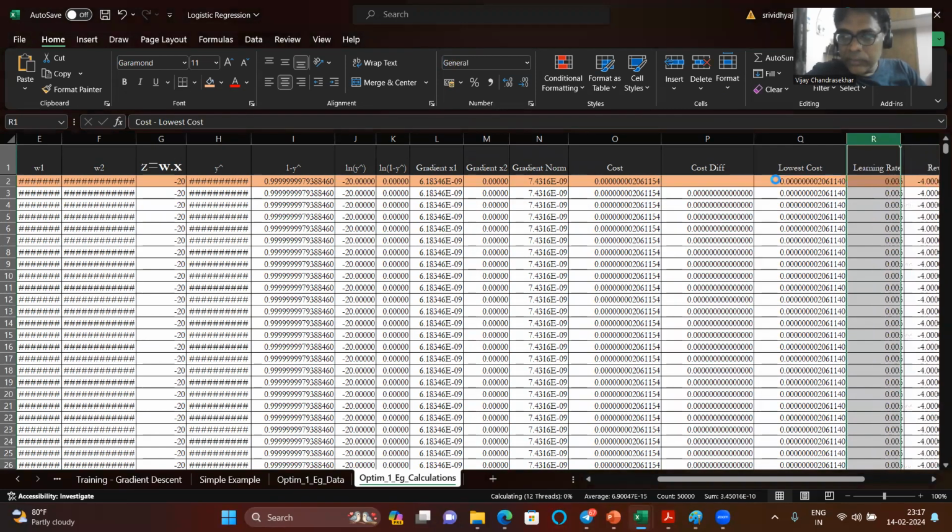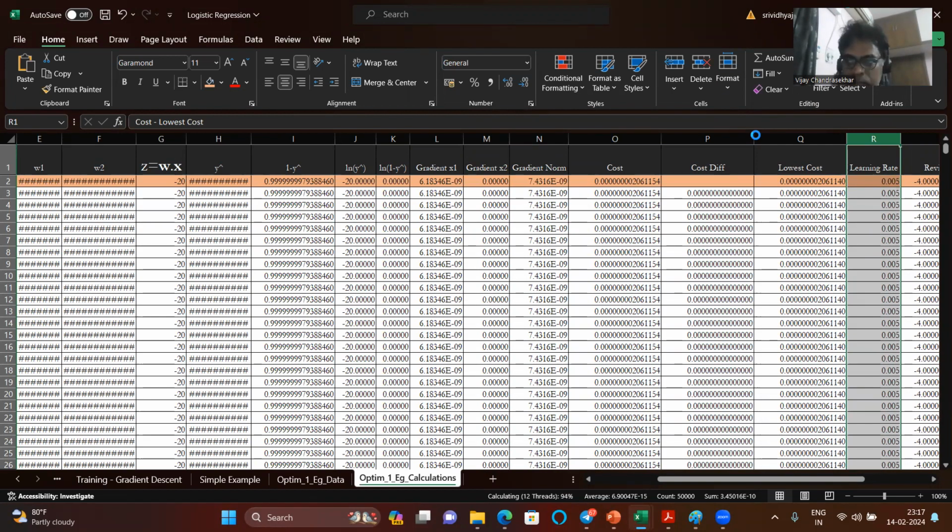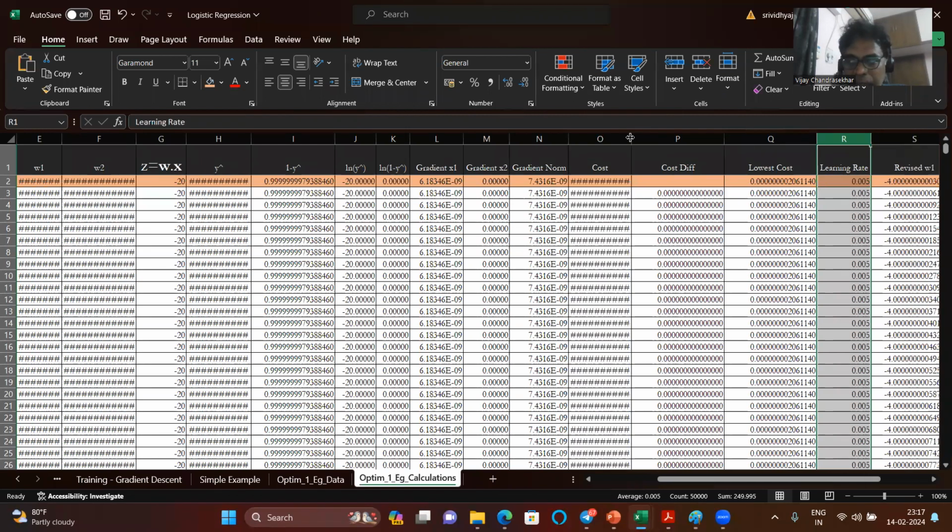I don't need that. Just give me 1 minute, folks. It takes a while to save, a lot of rows here. Okay, meanwhile, while it saves, can somebody help me with an expression to calculate the revised W1?